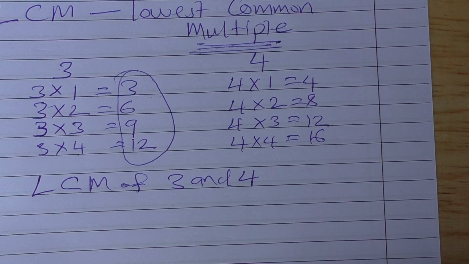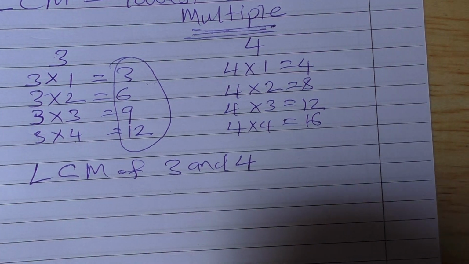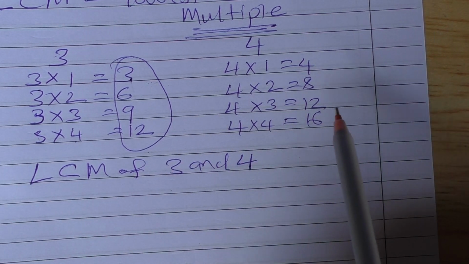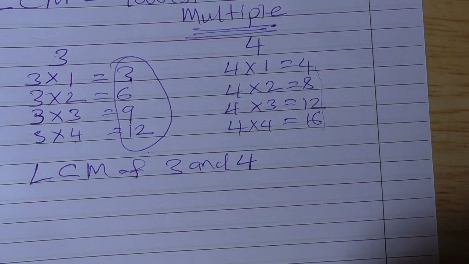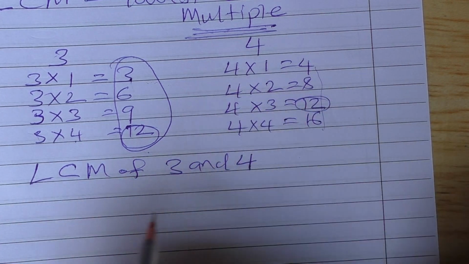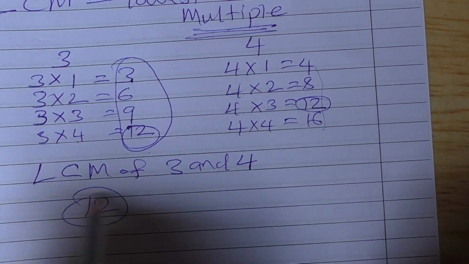We have listed the multiples of 3 and we also have the multiples of 4. But out of these multiples, we have the common multiples. In our multiples, we have 12 as the common.